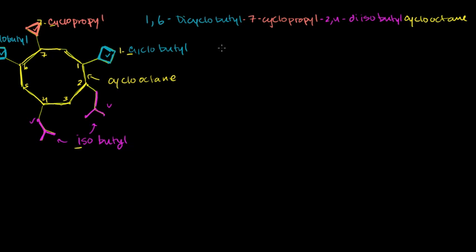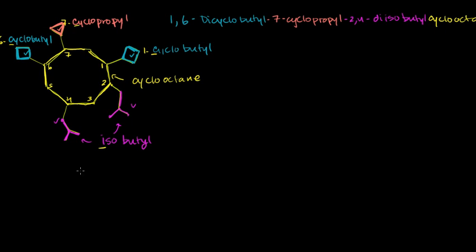Now, if we want to do systematic naming, we would have to use something else other than the isobutyl. And to do that, let me do that over here. What you do is you use your connection point as 1, and you just branch. Let me do this in a color I haven't used, green. So let's make that our core chain. So that is 1, 2, 3 carbons. So it's propyl.